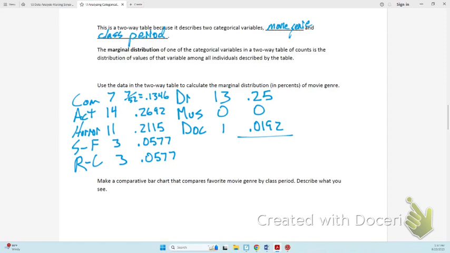And they should all add up to 1.0. They didn't ask us to graph it, so you can just list them out like that. If they ask you to discuss it, I'd talk about the highest occurring with action and the lowest occurring with musicals, but I mean, it's not all that interesting. It gets interesting on this next part with comparative.